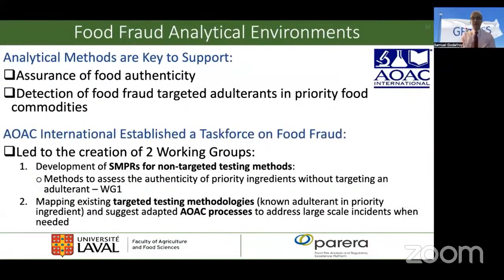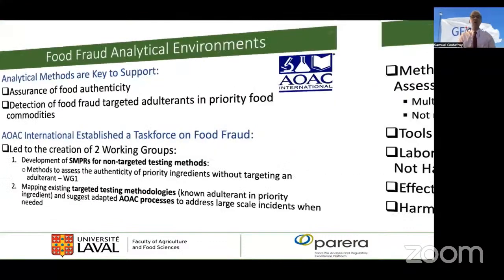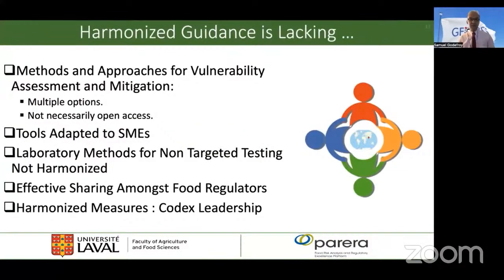The reliance on methods that can confirm authenticity of value-added products, or determine markers of fraud, are key elements in the arsenal to combat food fraud. That's why AOAC International has devoted some efforts to the harmonization of non-targeted methods, as well as targeted methods that are known to identify some known markers of adulteration.